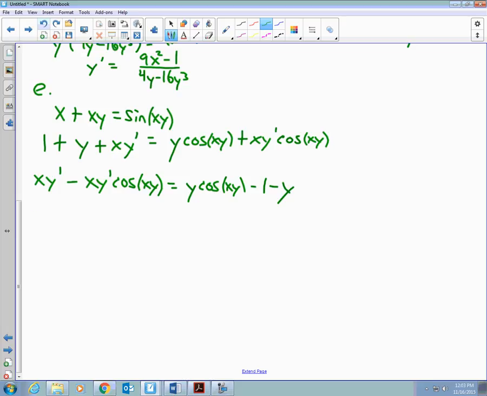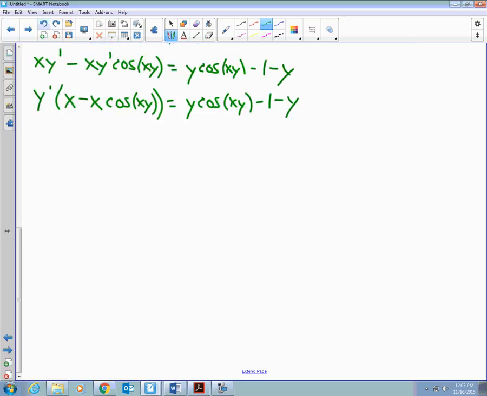Factor out a y prime and divide. There you have it.